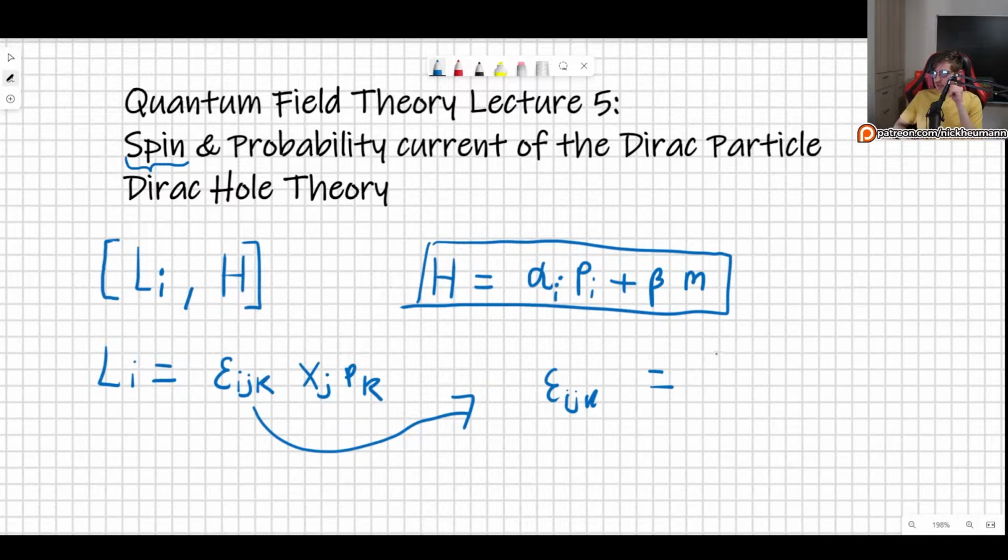This symbol is going to be 1 if i, j, and k are even permutations of 1, 2, 3. So what that means is that if we have 1, 2, 3, this is equal to 1. But now if we move an index twice, it's still going to be 1. So you can do it 2 times, 4 times, 6 times, whatever, but always even.